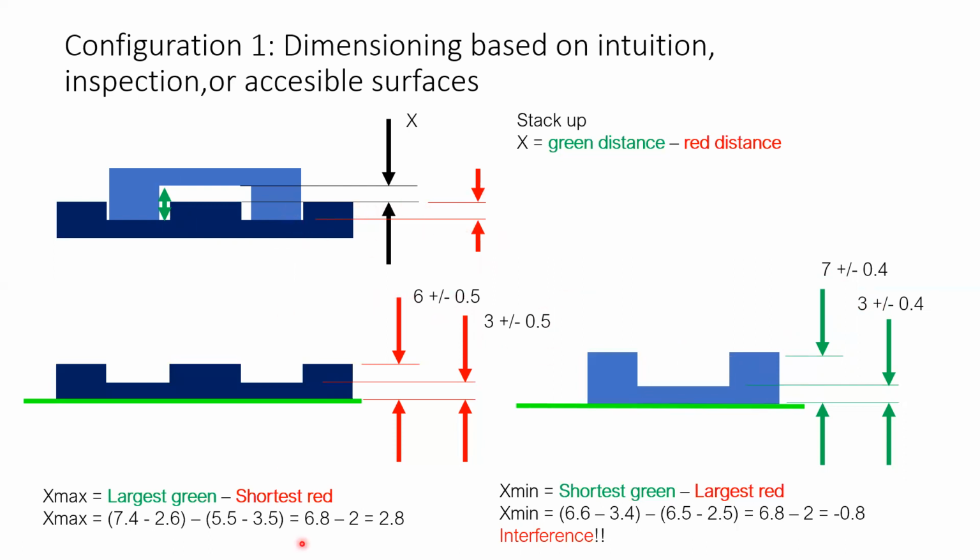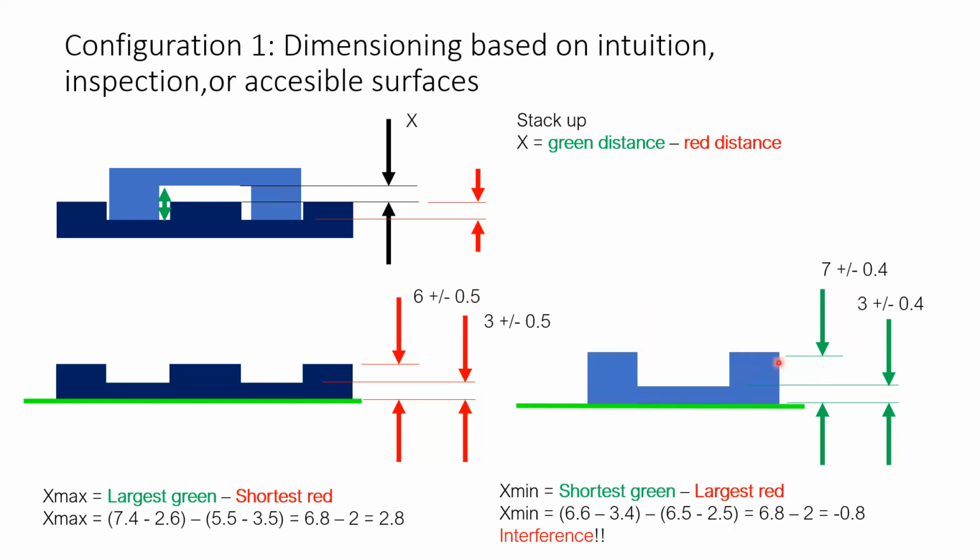When we do the math and compute the maximum distance x, we end up getting 2.8, and for the minimum distance x, we get minus 0.8, which means we will get some interference. That is not good news, because when we perform the assembly, we do not observe any interference, but it may happen with this drawing.